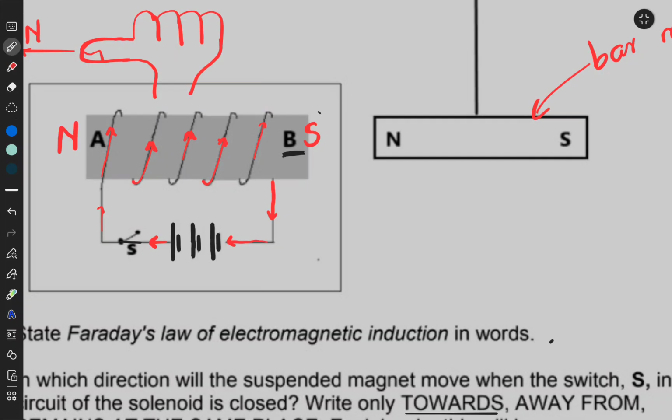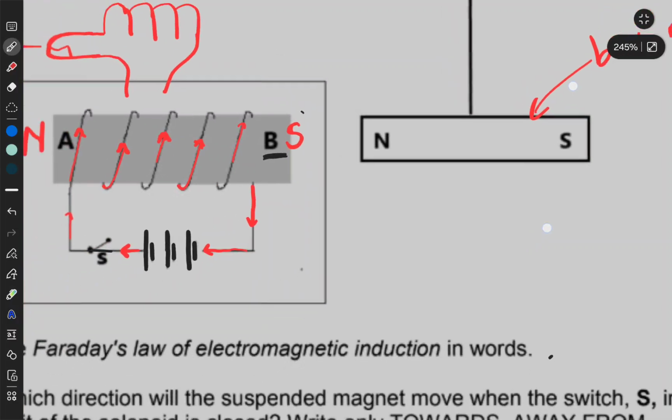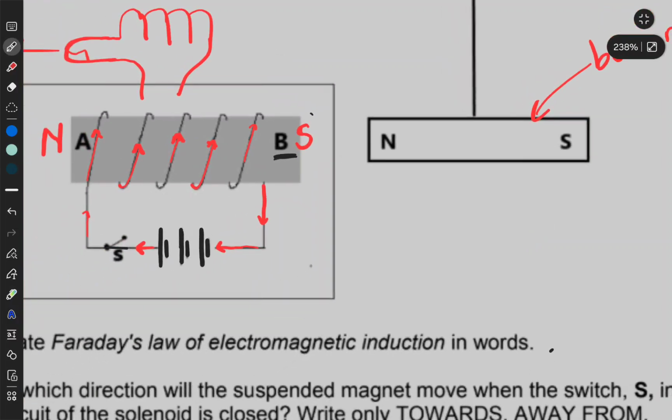You must think of it in terms of this situation. Now we are trying to increase the force of attraction between the solenoid and the bar magnet. How do we achieve this? We can use a stronger magnet. For instance, the bar magnet, we can make it a stronger magnet.